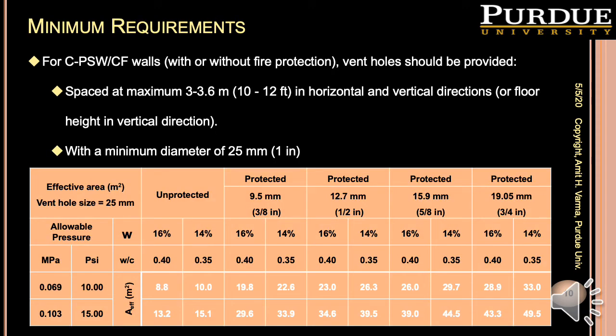We've used the methodology that I just described to conduct various parametric studies and come up with a set of minimum requirements that would work for all those sets of parameters.